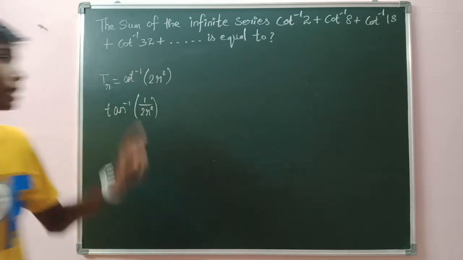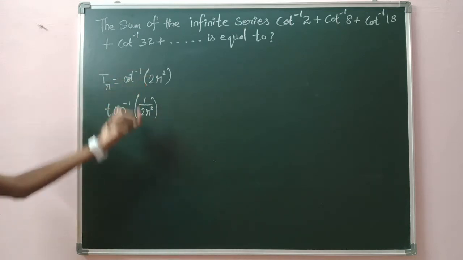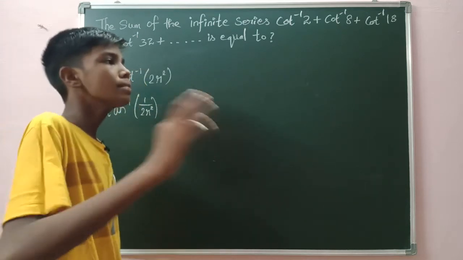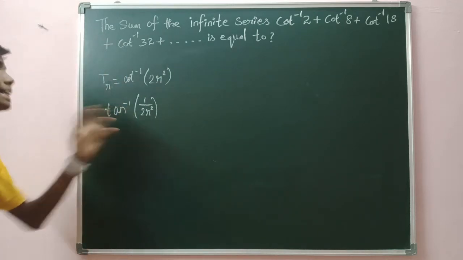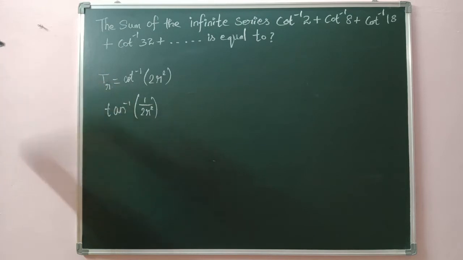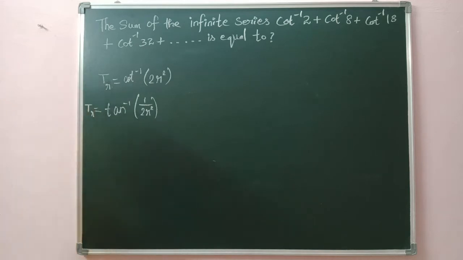That is very important. That is why I am converting cot inverse of 2r square as tan inverse, then the inside value becomes the reciprocal. Very simple. So now you are supposed to solve the inside value, that is nothing but 1 by 2r square. So here we know this is your general term Tr, tan inverse of 1 by 2r square.